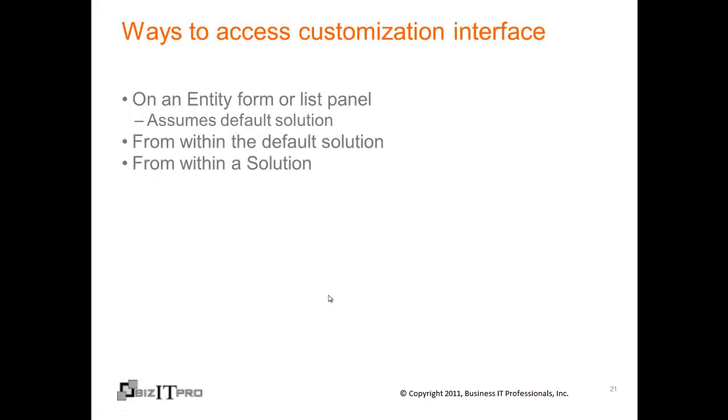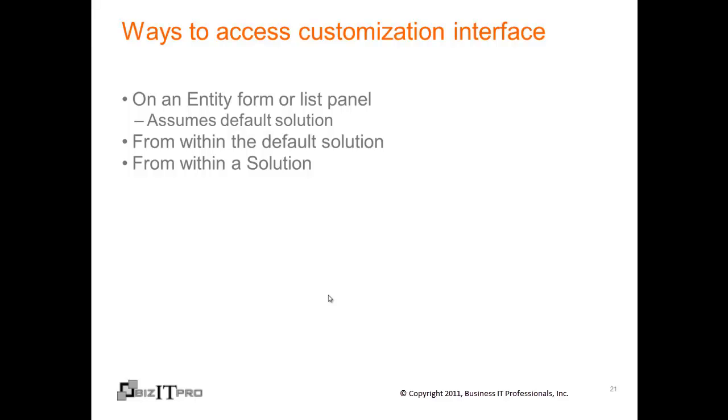Accessing the customization interface can be done in a number of different ways. Microsoft has been very strong on productivity in this area in the release of CRM 2011. We can go into an entity form or list panel, and if you have customization ability, a tab appears that allows you to go straight to customizations. If you access customizations using this method, it assumes that these customizations are part of the default solution.